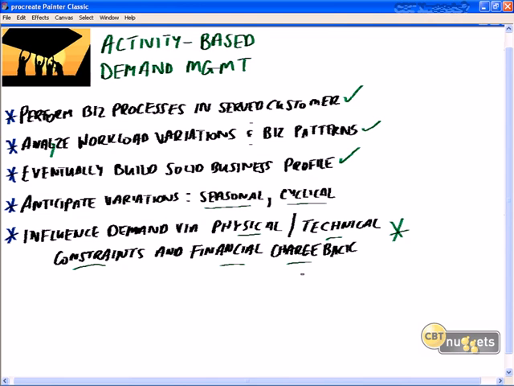So it really gets to be a very interesting and tricky process here. But remember, our demand management is going to be activity based. It's going to be based on the customer, but we're going to also use their knowledge in concert with our influence to get just the right solution to get a win-win scenario.